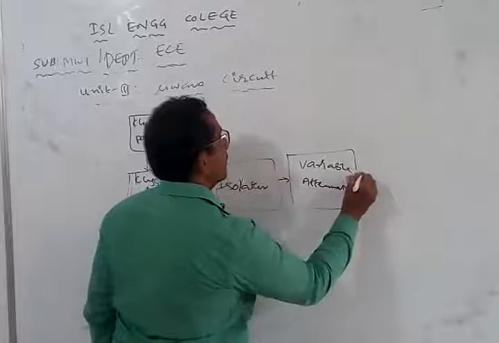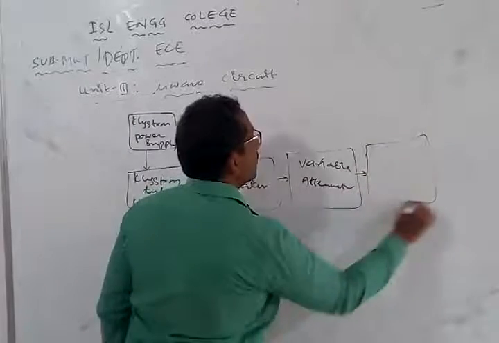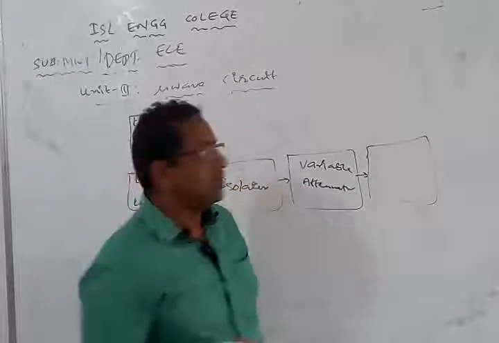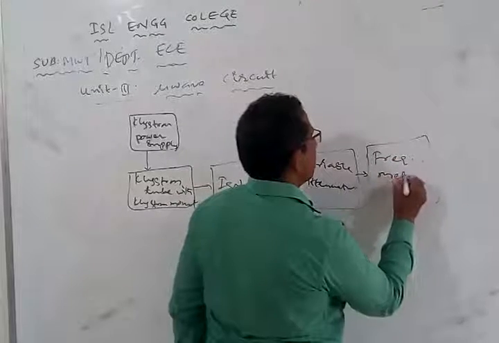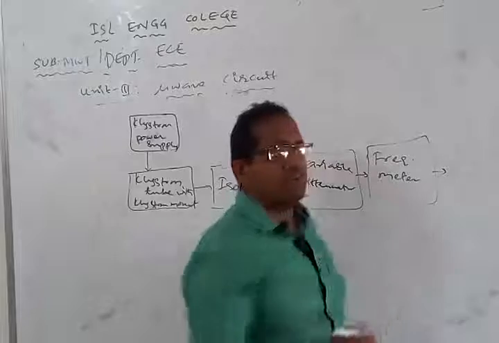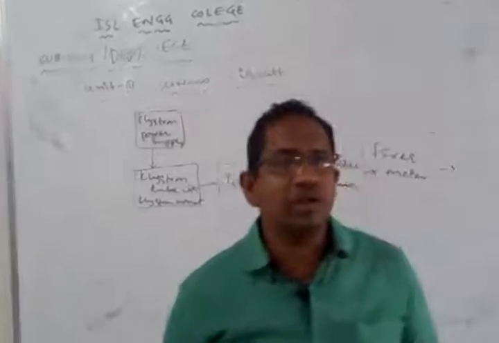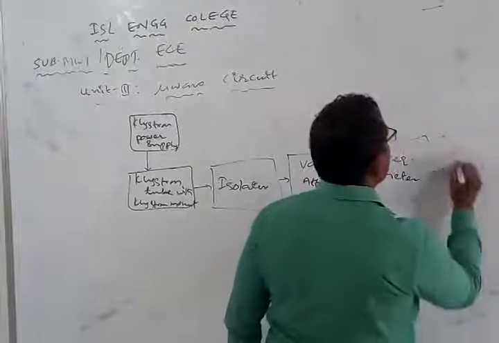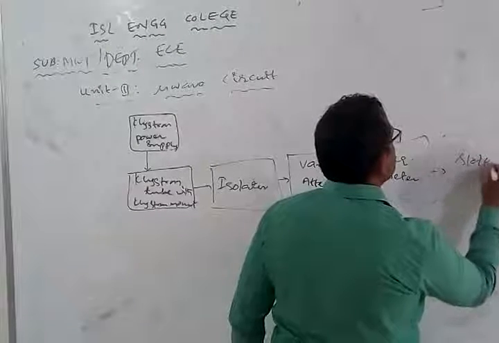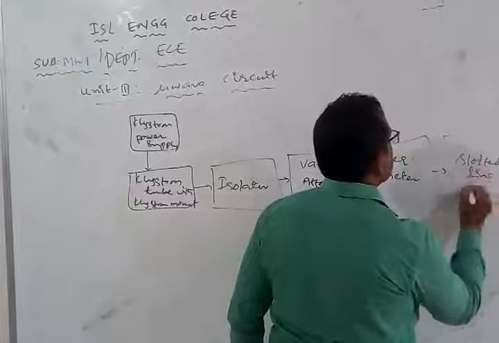Variable attenuator. Then after the attenuator, you normally going to have a frequency meter. After the frequency meter, you normally going to have a slotted line section.